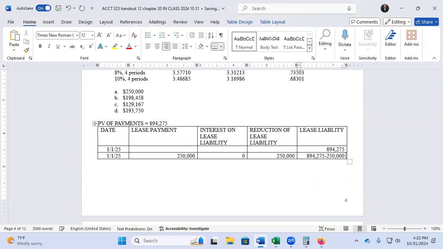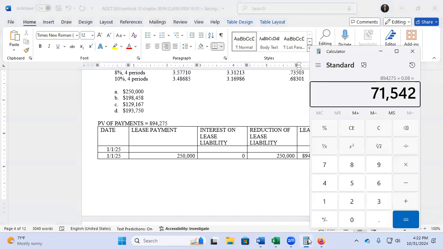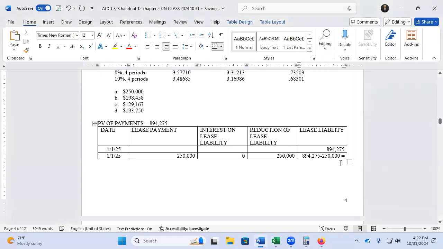I forgot to account for the initial payment. And that's 644,275.